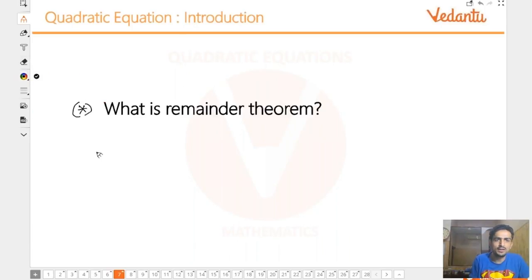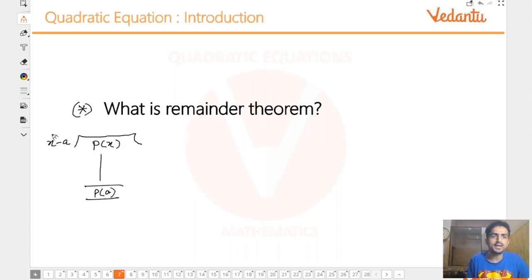Guys, the logic is very simple. First, let me mention the theorem here by using some notations. This is the theorem: whenever we divide p of x by x minus a, the remainder is p of a.